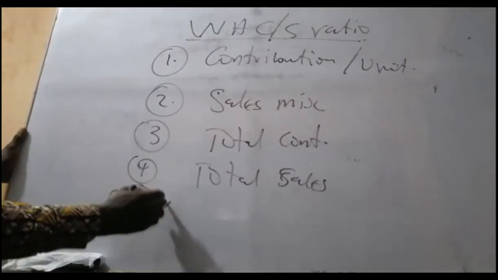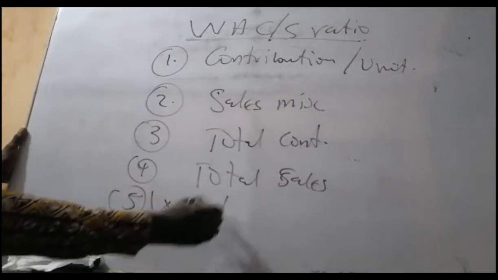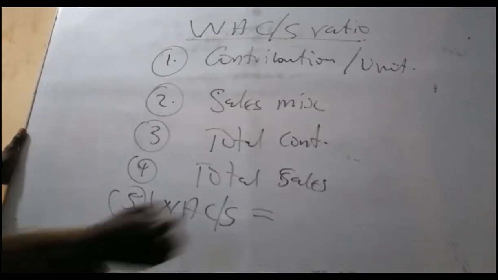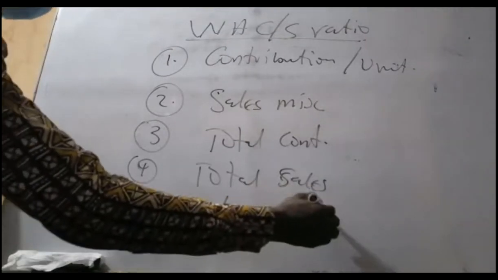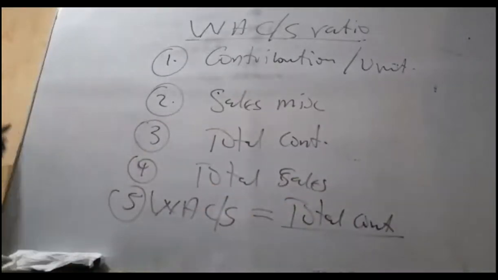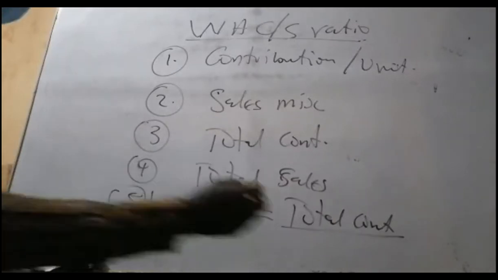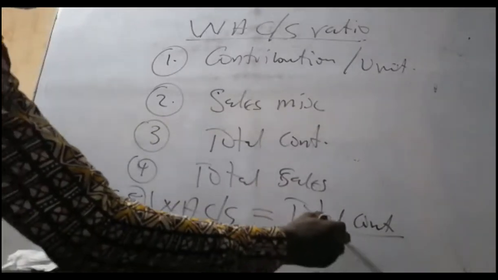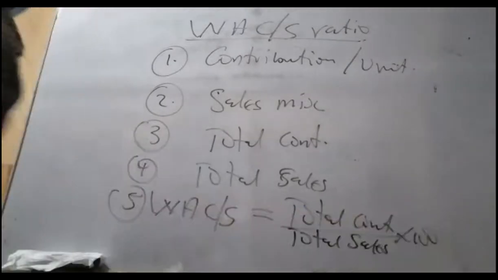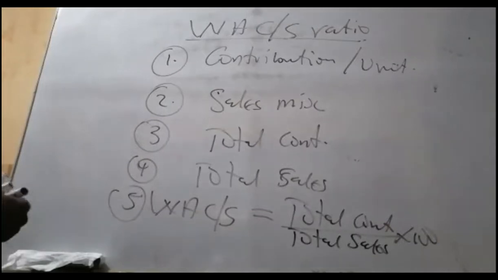Step five is the weighted average CS ratio, which is equal to step three divided by step four times 100. It's equal to total contribution divided by total sales times 100.